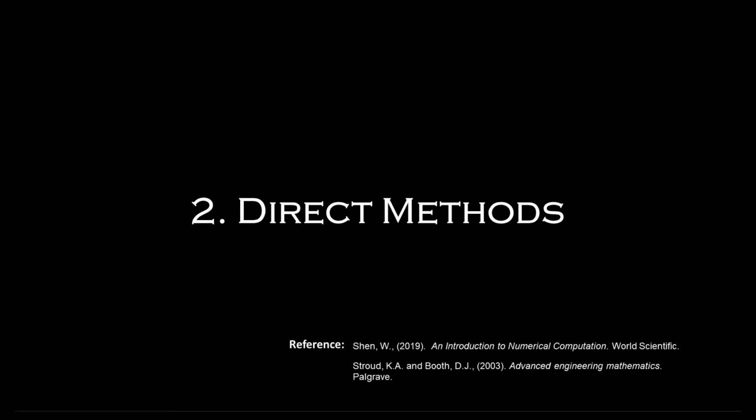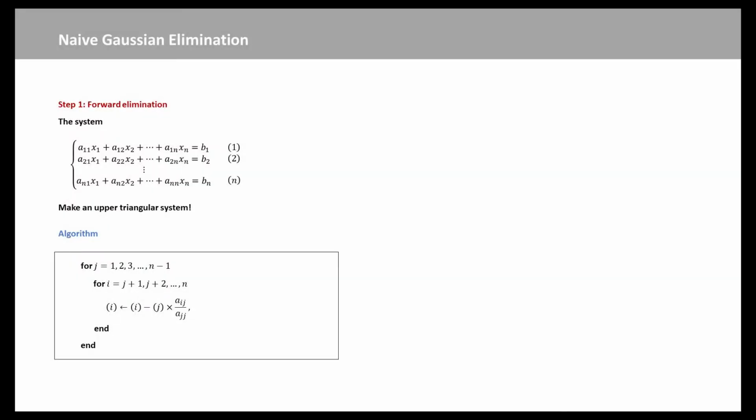We shall be familiar with this procedure called Gaussian elimination. Through row operations, we can do the following. The goal is to make an upper triangular system. Here is the algorithm. First, we need a for loop to go through all the columns from column 1 to column n-1. That means taking care of each column i.